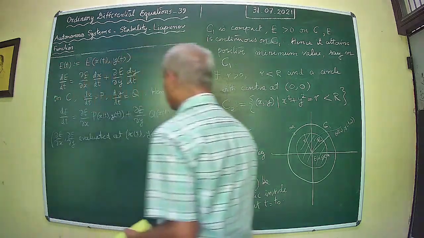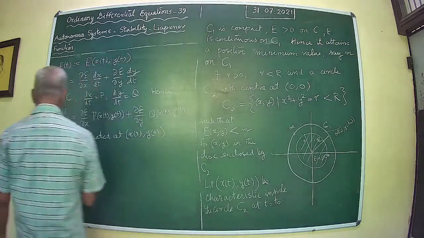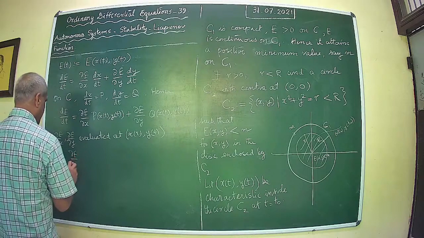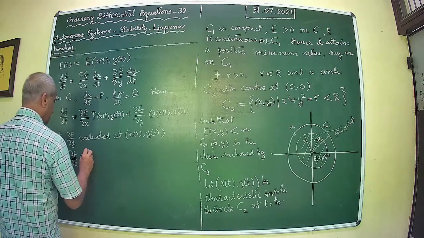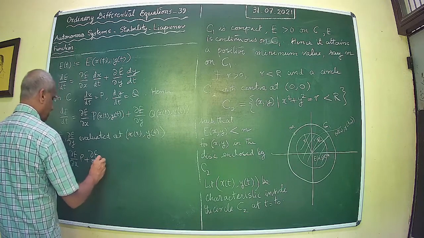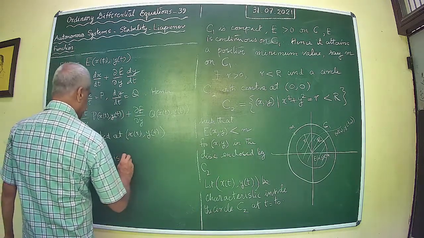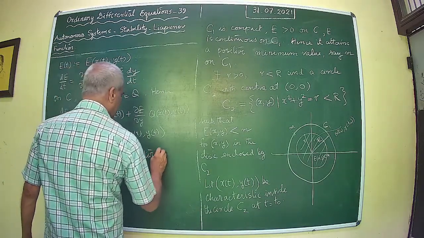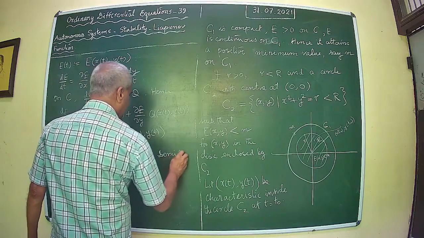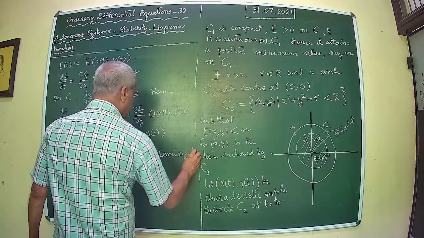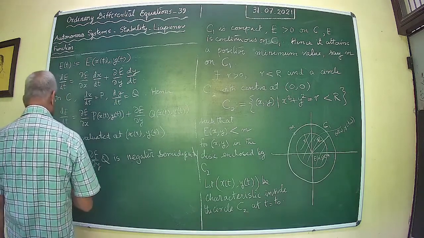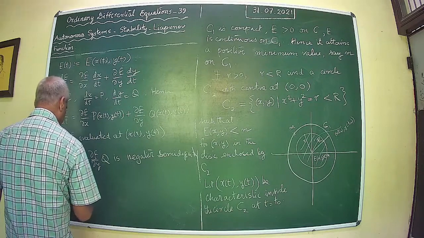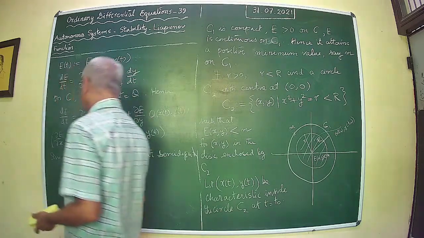This is it. And this we have assumed that since this is negative semi-definite, what we have is this dE by dt less than or equal to 0.